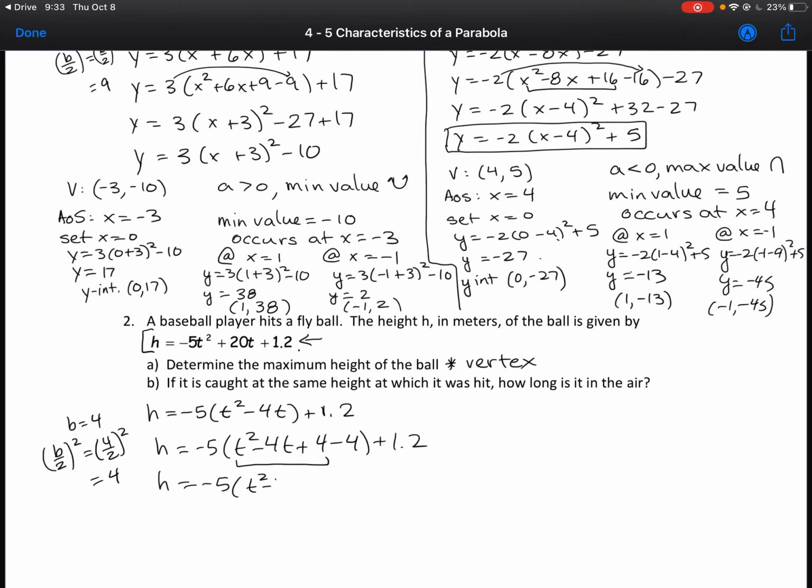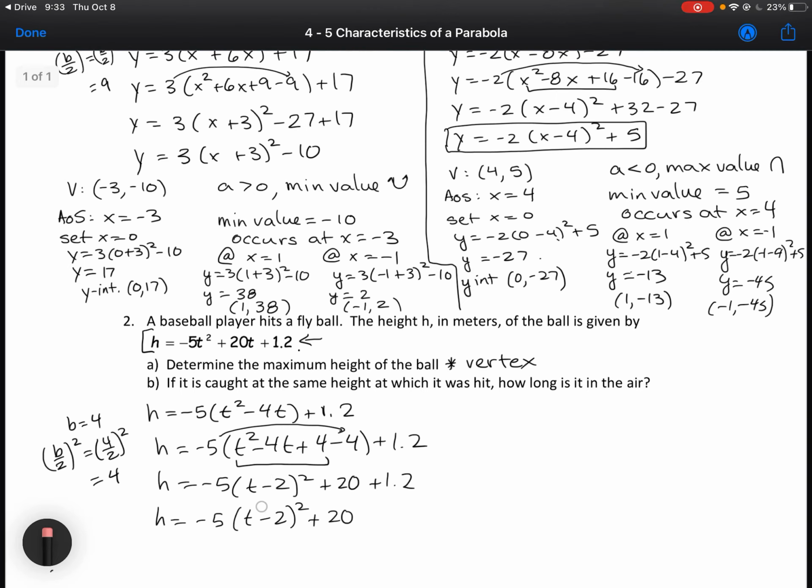So t minus 2 all squared. And I'm going to take that minus 5 and multiply it by my last term, and then add my original 1.2 from the equation, which is going to give me my final equation in vertex form.